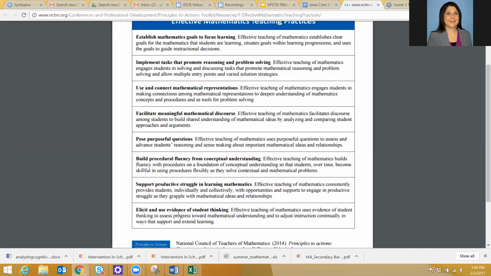So how am I going to determine evidence of a student's problem solving? Well, I'm going to ask purposeful questions. I might listen to their mathematical discourse. I might look at their conceptual understanding. And this can be done even in 5th grade. Prior to becoming an educator, I had an at-home daycare. And every day we would play school.